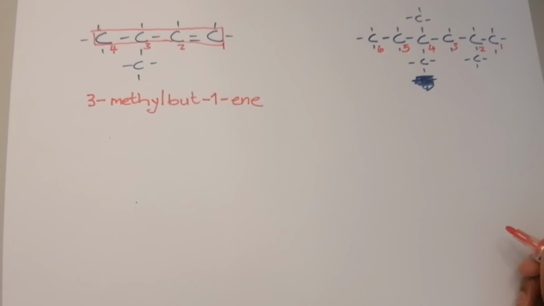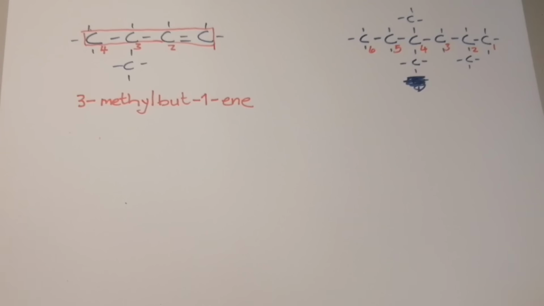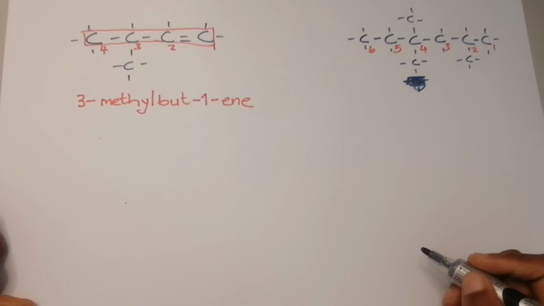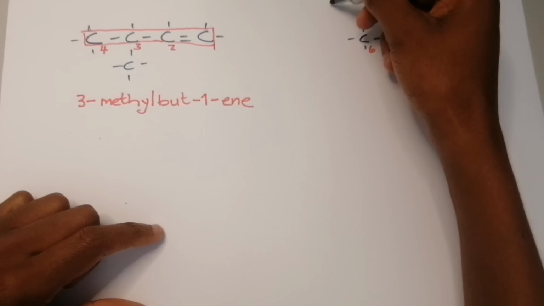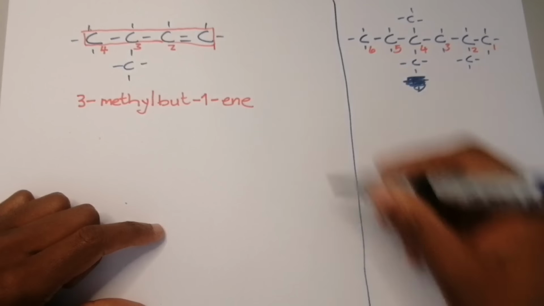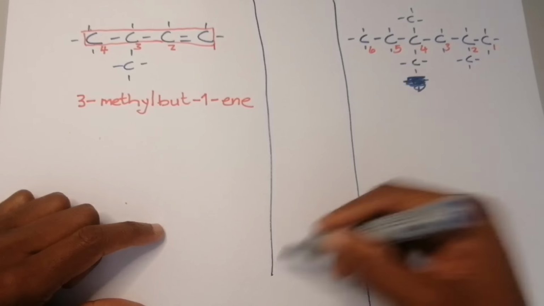Now, please, I want you to listen to me carefully, ladies and gents. When you've got 2 or more of the same things, we need to actually put in a different prefix. Notice, when I've got 1 of the same thing, there isn't a problem. I didn't introduce anything.